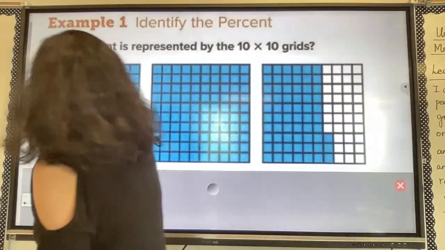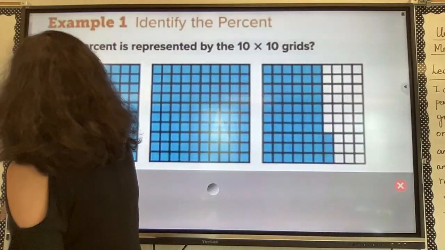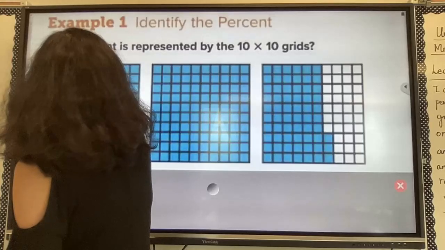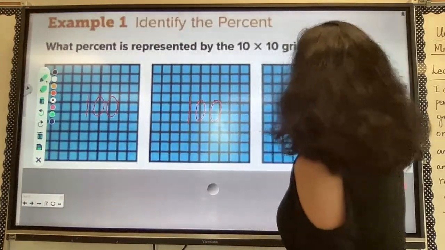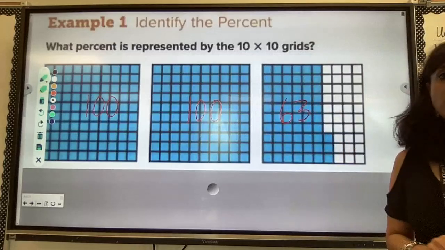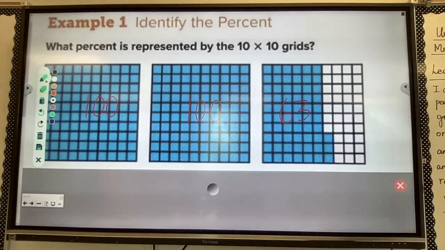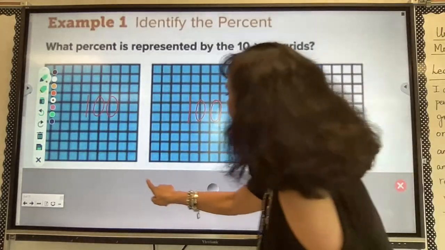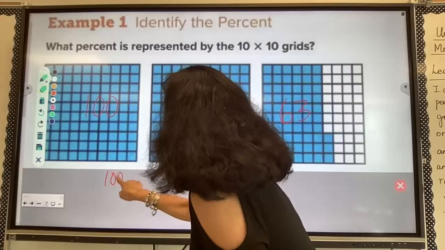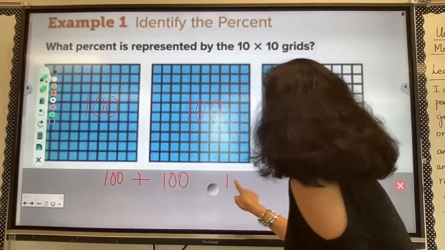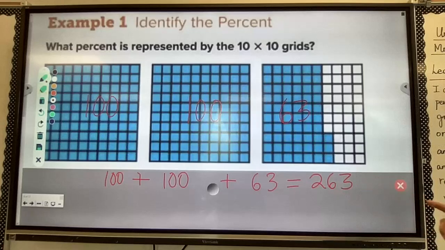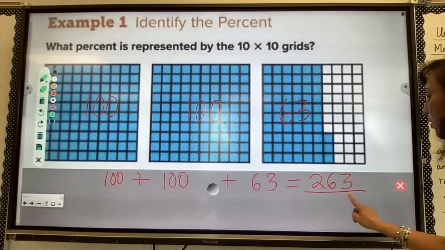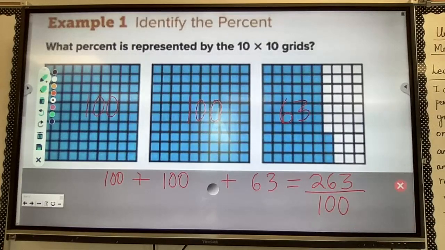As you can see, this is 100, this is 100, and this is the 63 that we had counted. So I get 263 out of 100. So the ratio is 263 to 100.